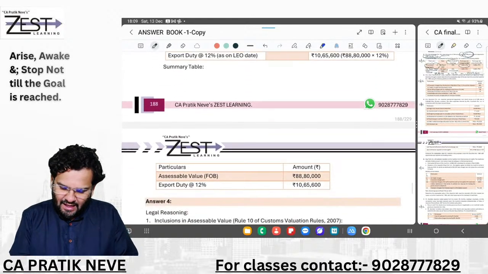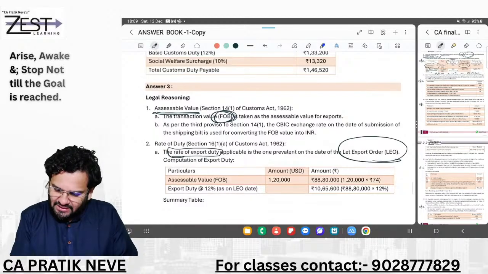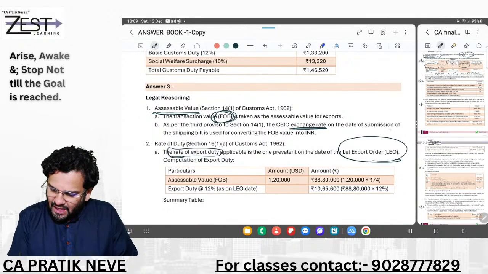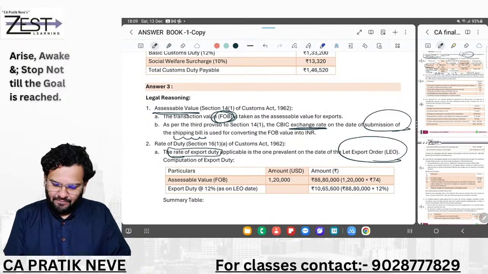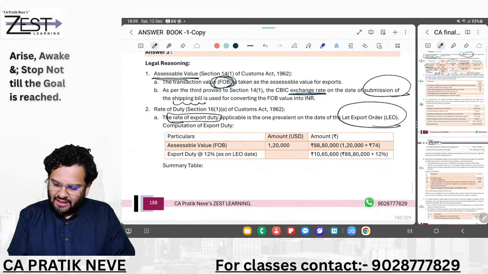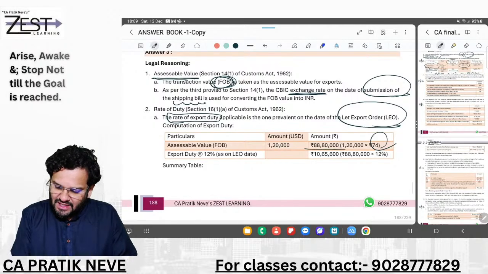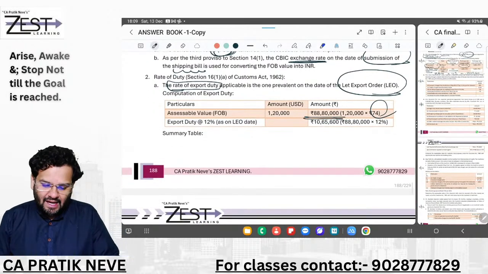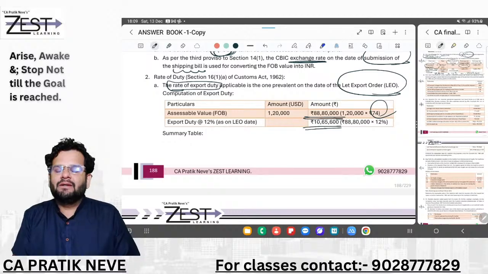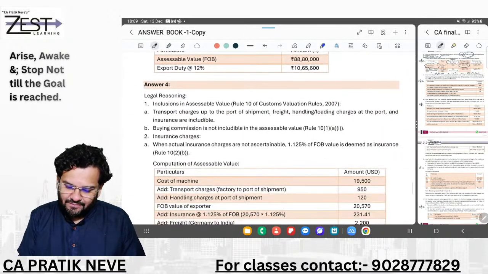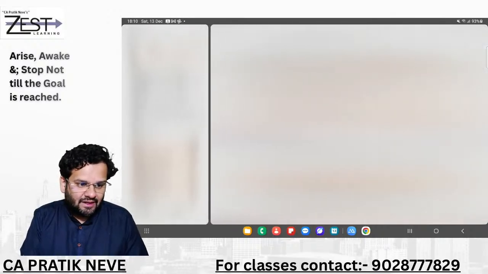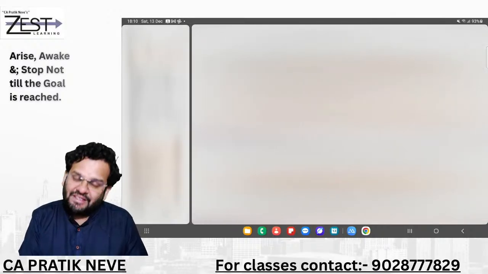Okay. And the exchange rate should be taken as on the date of submission of the shipping bill. So that is how much? That is 74. So 88 lakh 80,000 and export duty will be 10 lakh 65,600. Is it, friends, 100% clear to all of you?